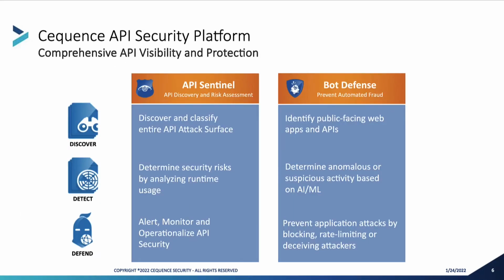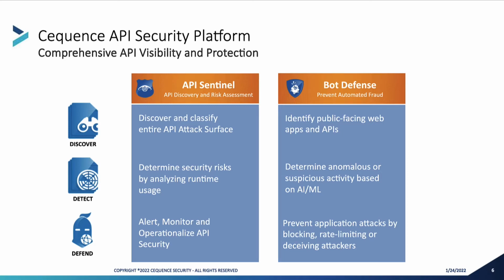So let's talk a little bit about Cequence. I am going to delve into how Cequence can help deliver application-level security. That application-level security is complementary to the Tetrate network-level security that they give, giving you that full stack security, if you will.